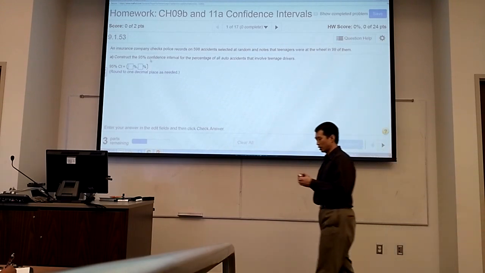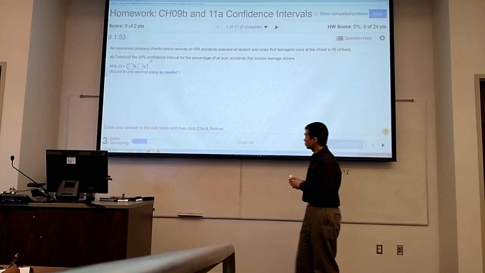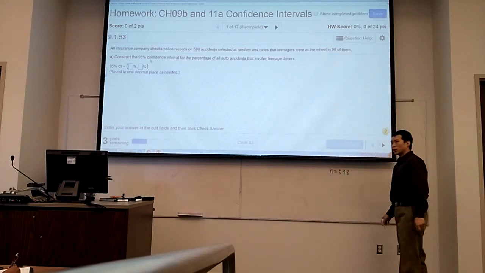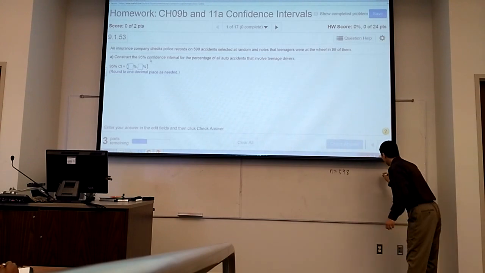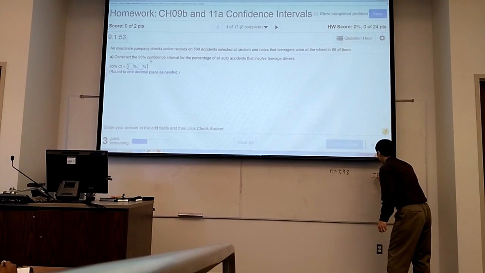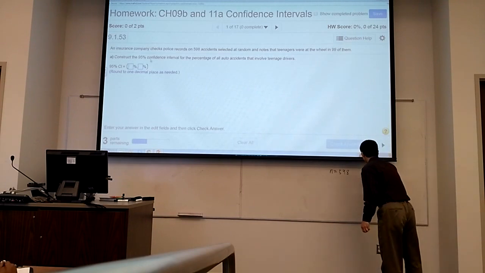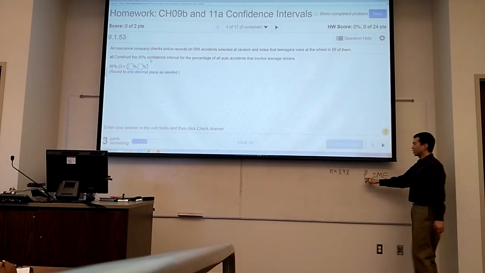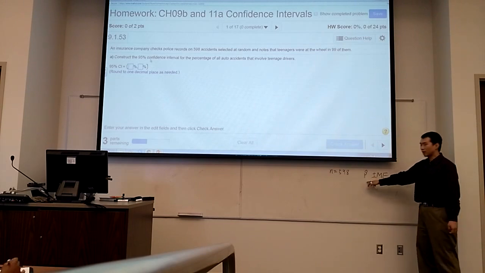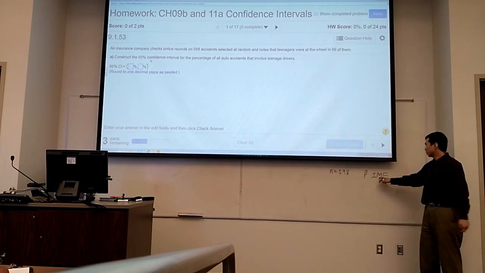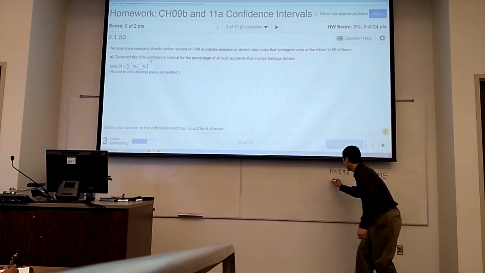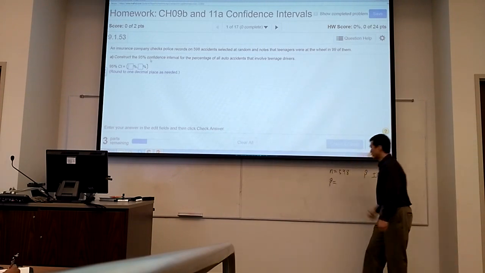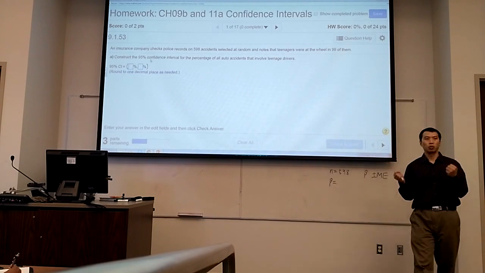We know that the confidence interval is our estimate plus or minus the margin of error, and this p hat is the sample proportion.